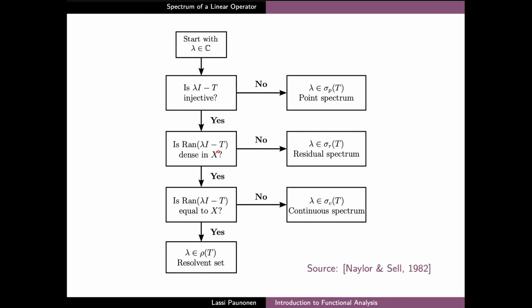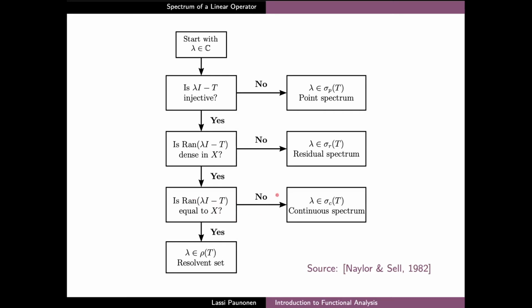On the other hand, if lambda I minus T is injective, we can check if the range of lambda I minus T is dense in the space X. If the answer is no, then by definition lambda belongs to the residual spectrum of T. Alternatively, if the range is dense in X, we can check whether or not the operator lambda I minus T is really surjective.